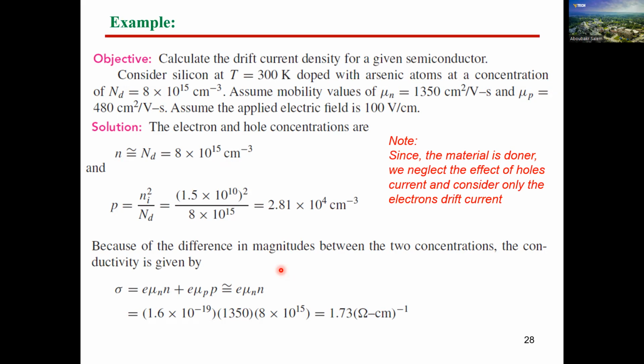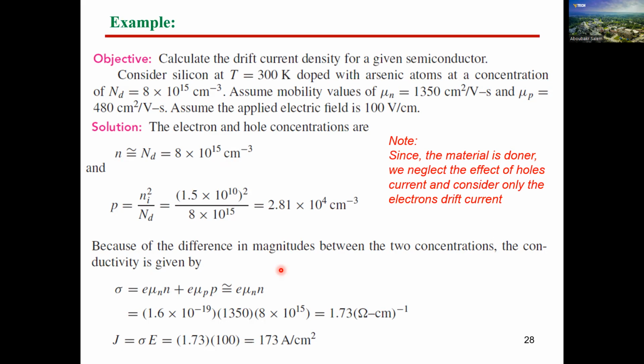We would like to calculate the current. So simply, we need to multiply this by the electric field. So we can say J, or current density, equals sigma times E. So 1.73 times 100 volt per centimeter. This will give us 173 ampere per square centimeter.